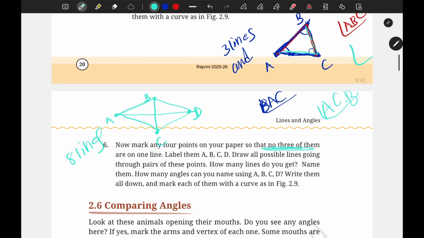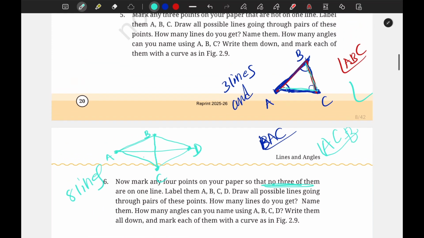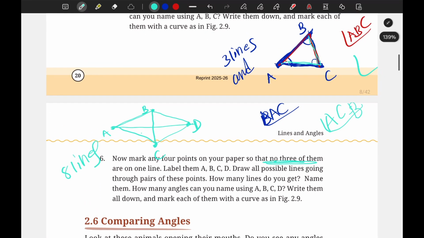How many angles can you name using A, B, C, D? Write them all down and mark each off with a curve as shown in figure 2.9. So here is one of the angles, and here one of the angles, and this, and also this angle, this angle, this angle, this angle.